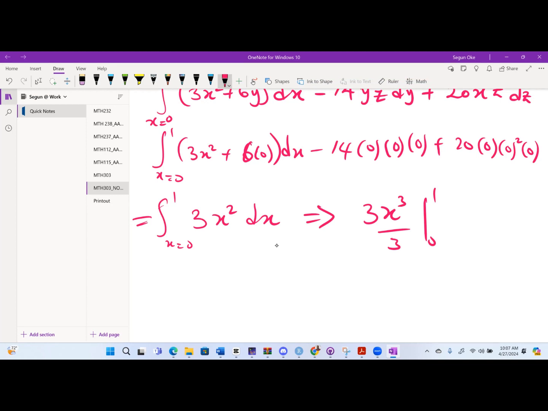You don't need to say plus c again, because it's already a definite integral. We have the value for the limit. So we have x cubed from 0 to 1, which is the same thing as 1 minus 0, which equals 1. That's the solution.